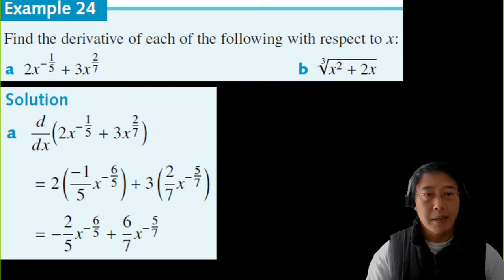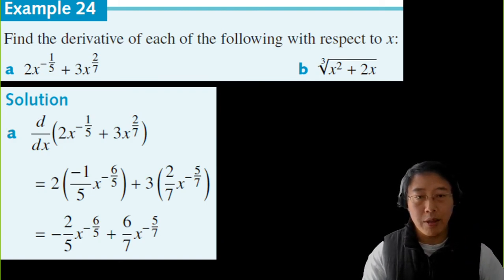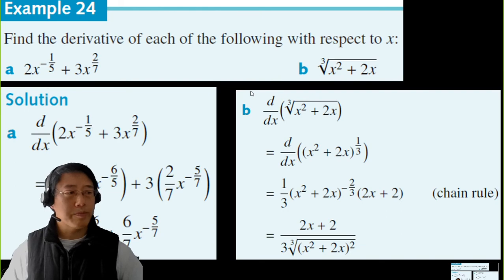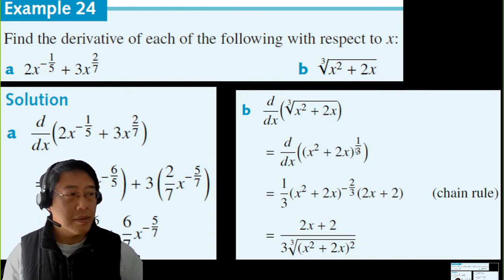So it's combining the previous two topics all together. So here with that second example, you want to find the derivative. So that is your function here. So it's to the power of 1 over 3.